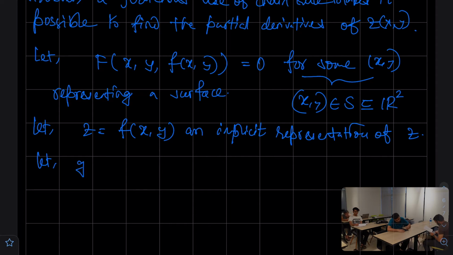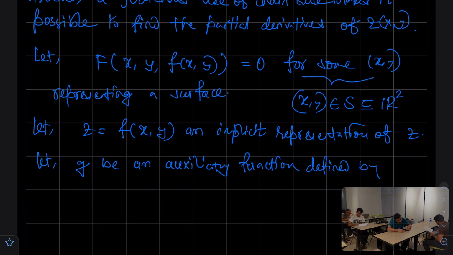Okay. Let G be an auxiliary function, okay, defined by this thing. G of x comma y is equal to f of x comma y comma f of x comma y.